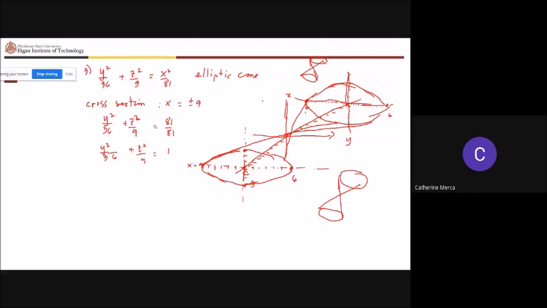This is your elliptical one. And these are the original axes, right? X and Y axis, this is your Y, and this is your Z axis. Then we have number 4. We have 9y squared plus 4z squared minus 6x equal to 0.